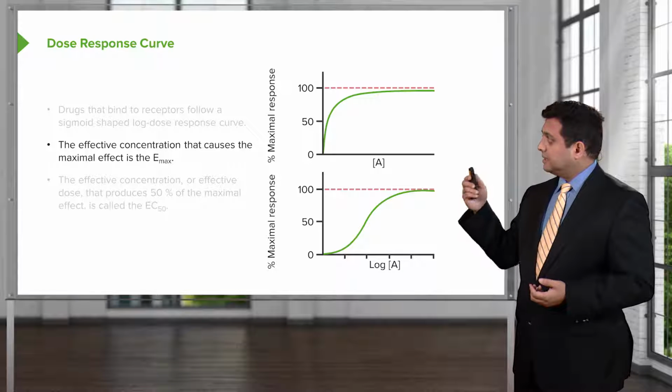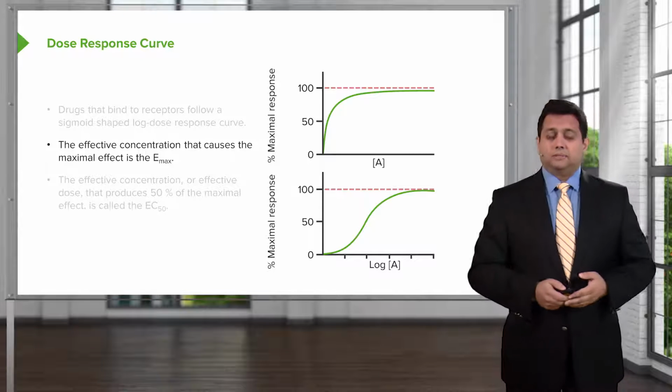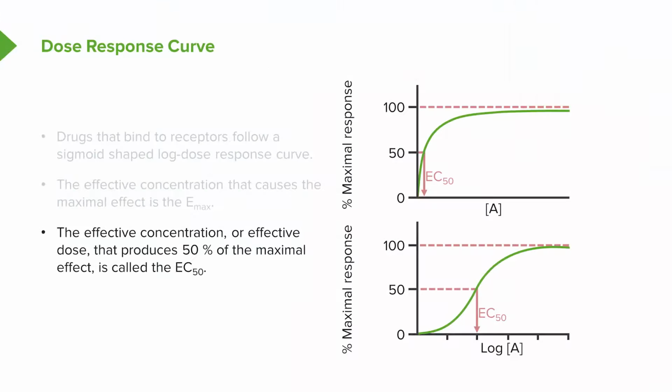So in both cases here, we've got the red line at 100%. The effective concentration or effective dose that produces 50% of the maximum effect is called the EC50. So you can see here on our logarithmic scale, the EC50 is much easier to pick out. On our absolute scale, it's very hard to pick out because it's shifted so far over to the left.